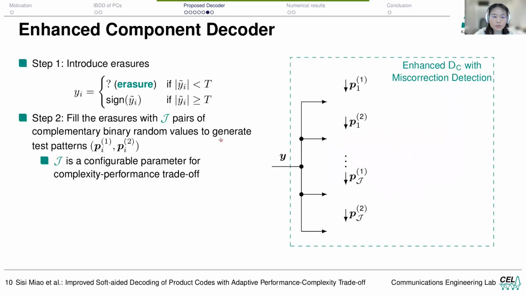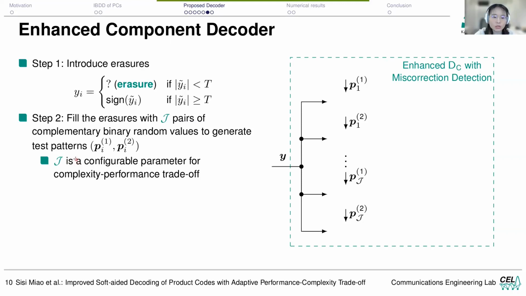After this, we will fill the erasures with binary values, and the values are generated as pairs of complementary random values. And after this, we can start decoding with BDD. Here we fill them with J pairs, and J is a configurable parameter. The bigger J is, the higher the complexity, and also the better the performance.